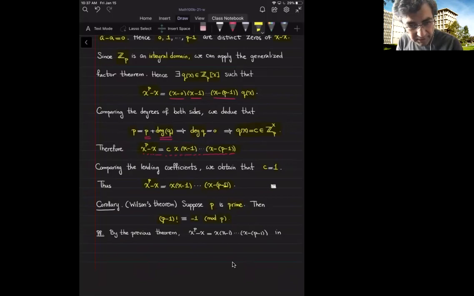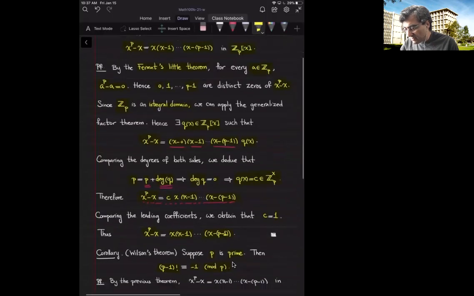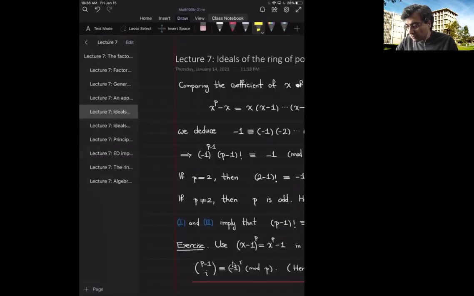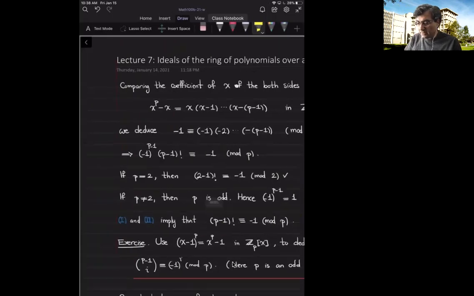So let's see how the proof goes. By the previous theorem, we know that the polynomial x to the power p minus x is the same as the polynomial x times (x minus 1) ... (x minus (p minus 1)) in the ring of polynomials with coefficients in Z_p.